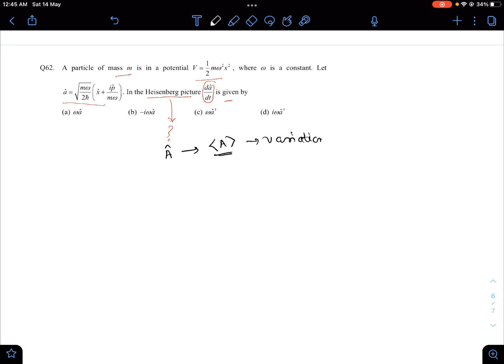That is why we are interested in the expectation value of an operator. Now this variation with time of A can be obtained due to one of the following situations.